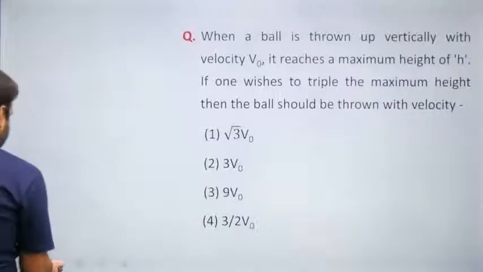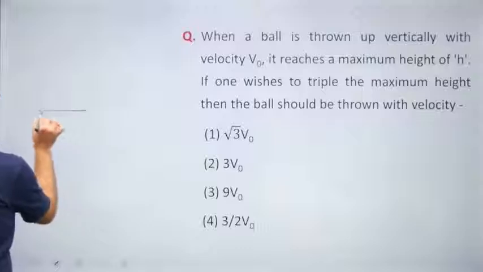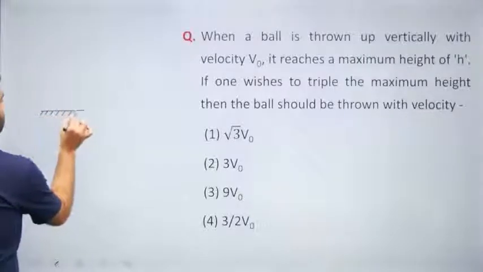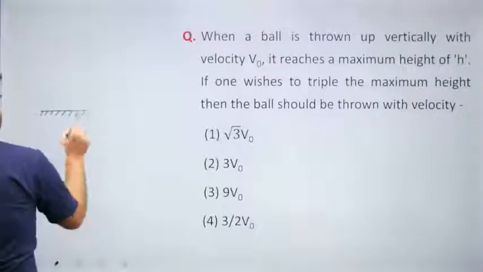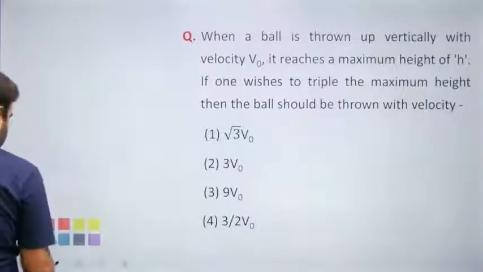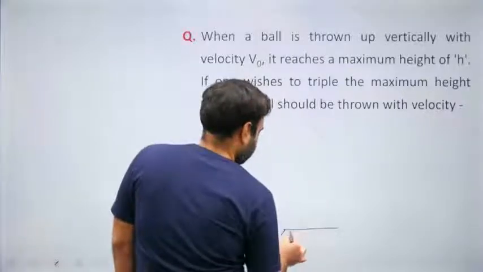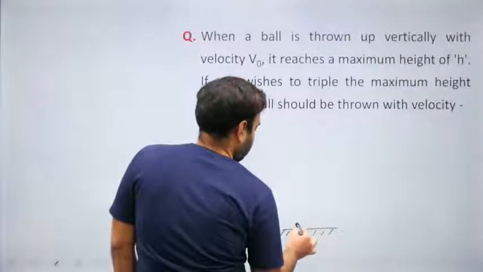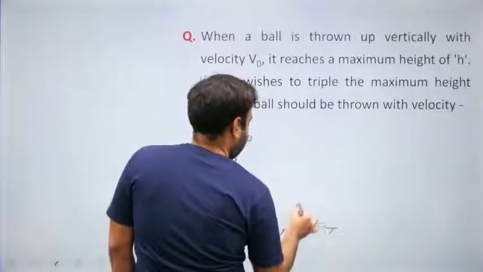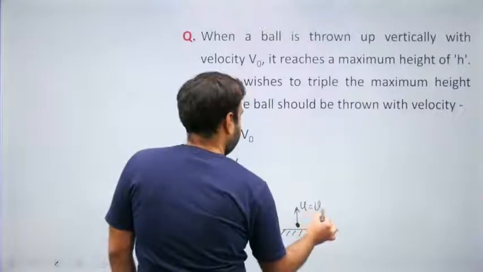The question says, let me make the diagram to make it clear. We are throwing this ball in upward direction with the initial velocity equal to v0.